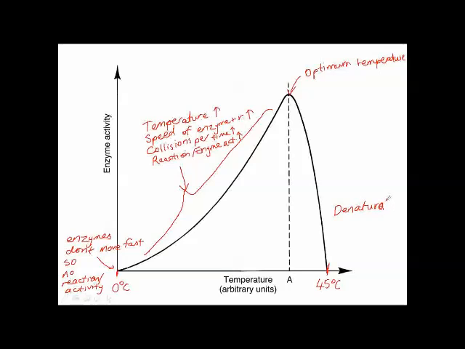I always find it's a very funny word to say. Denaturation of proteins, but denaturation of enzymes. Most enzymes are proteins, so saying denaturation of proteins or denaturation of enzymes, same thing.